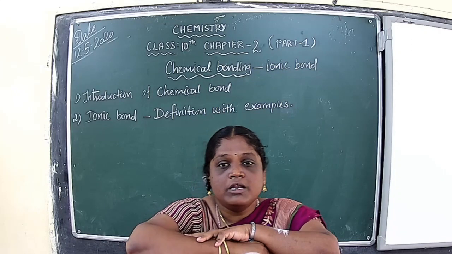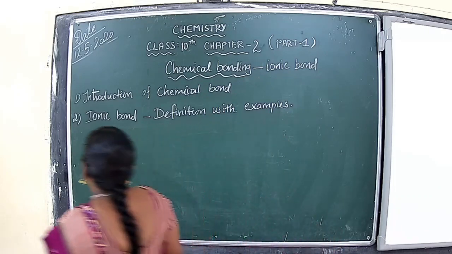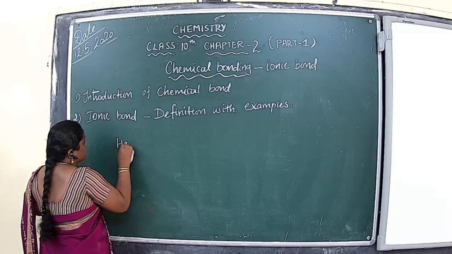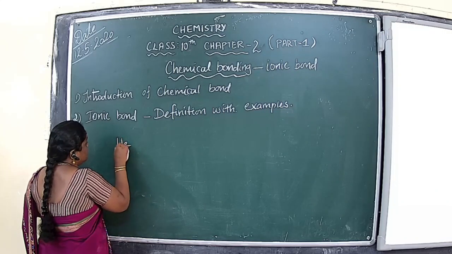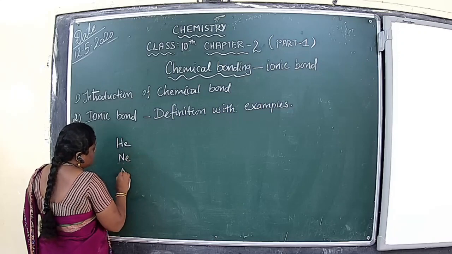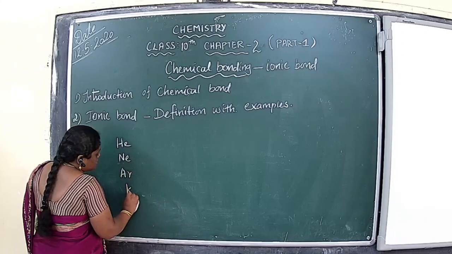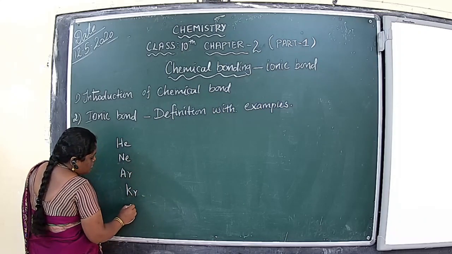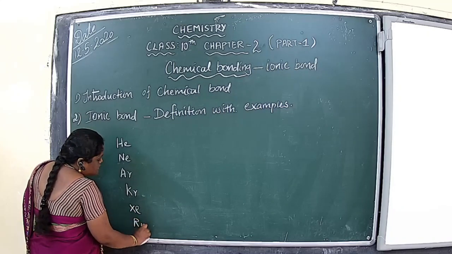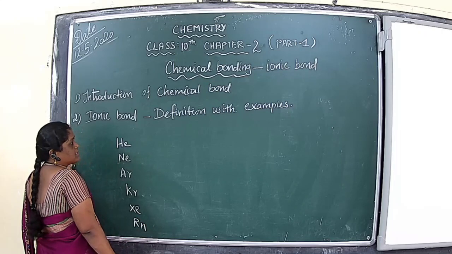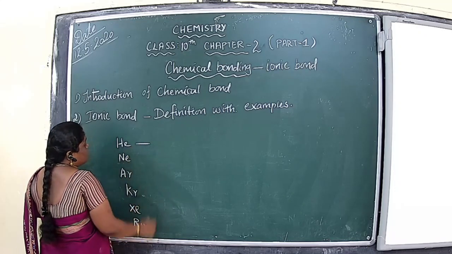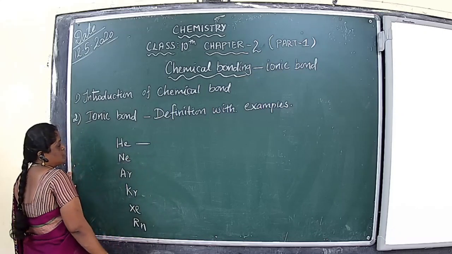For example, now see helium. The noble gases are helium, neon, argon, krypton, xenon and radon. Helium's atomic number, we know, is 2.